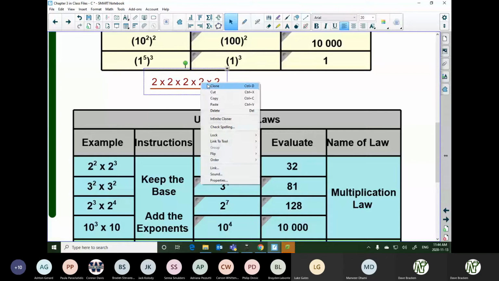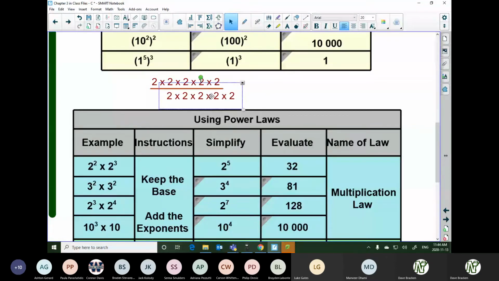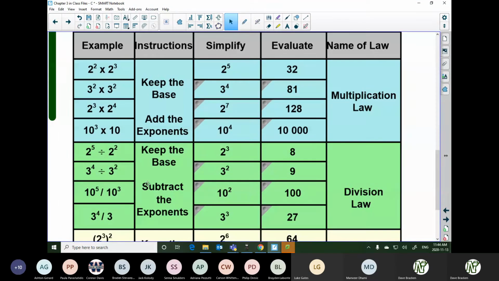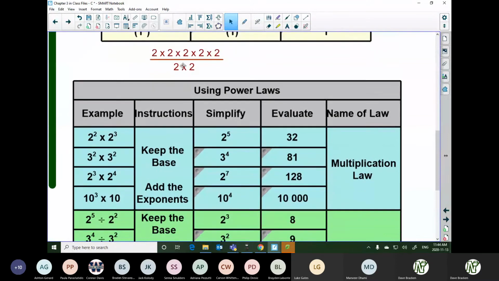So I'm going to clone this, but I'm going to get rid of 3 of them. And do you see how this 2 to the power of 5 and 2 to the power of 2? Do you see how it's this 2 to the power of 5 divided by 2 to the power of 2? So when I do this, watch what happens. I look at the top and the bottom, I say, well, wait a second. This 2 and this 2 divide out. And this 2 and this 2 divide out.